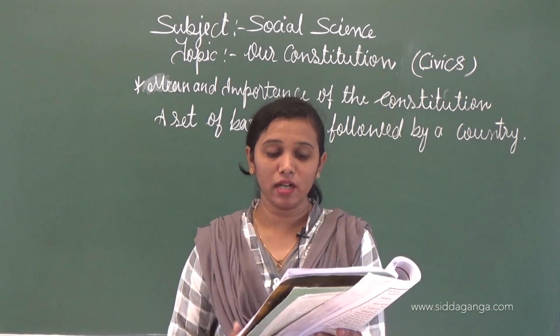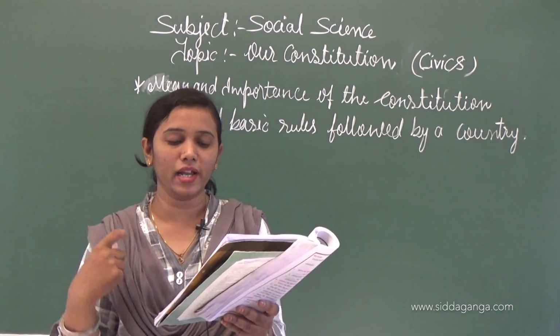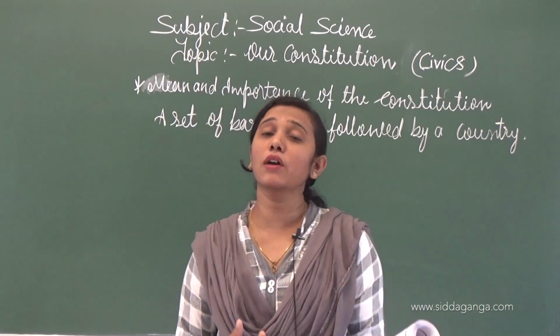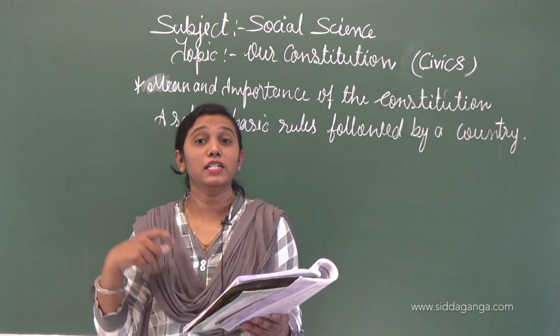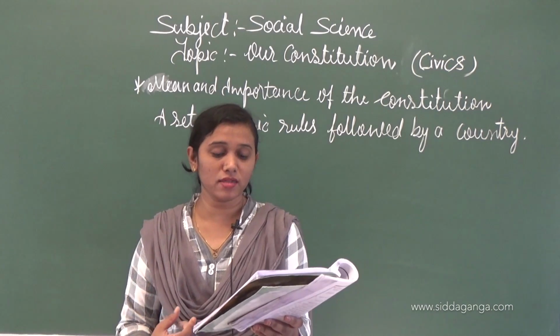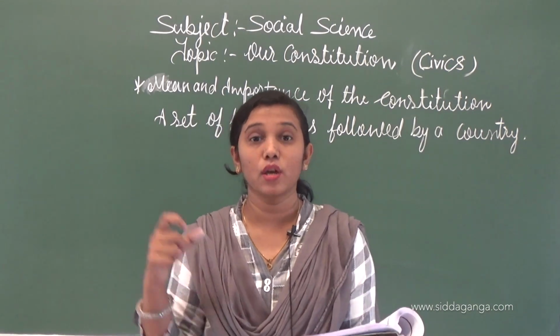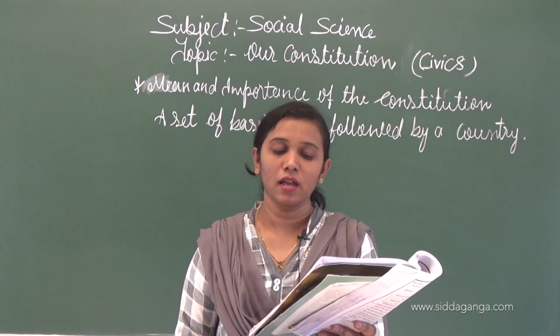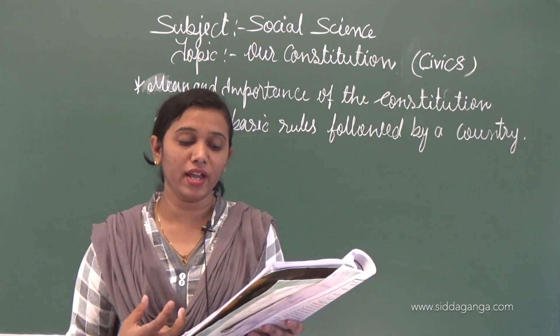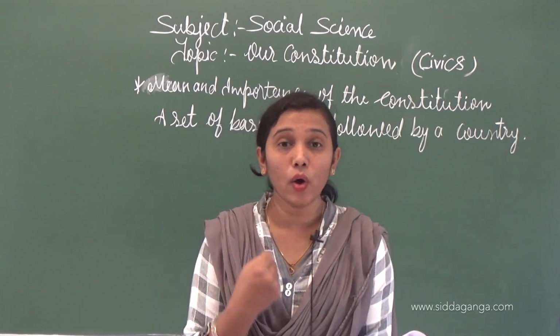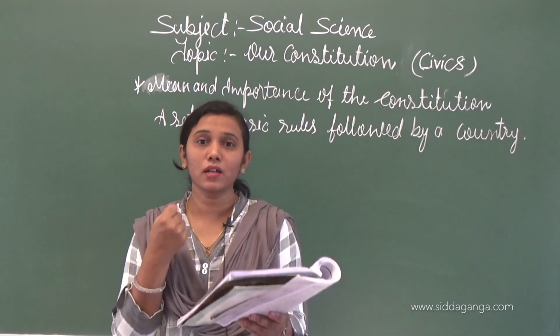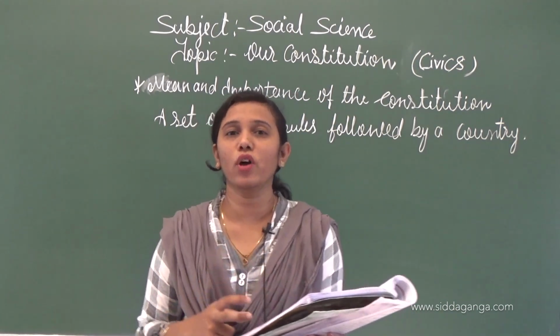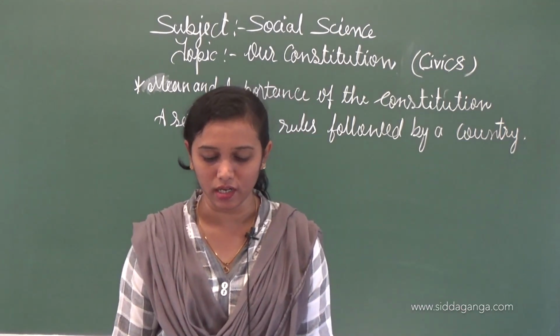Our constitution enumerates the organs of the government, its powers and functions. There is a reference to the rights and the duties of the citizens. The constitution is a reference guide to the government. No one should violate the constitution.